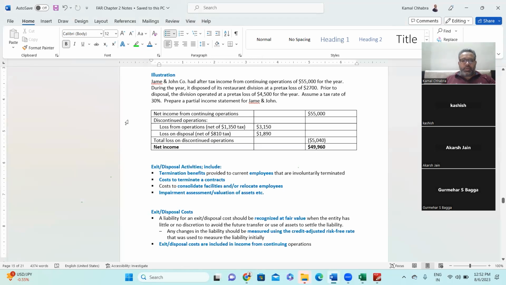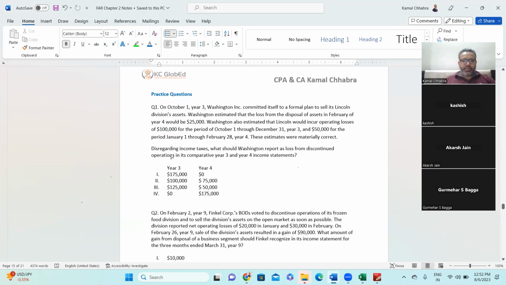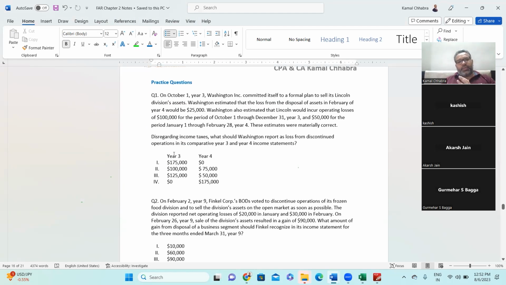Okay. So let's do some practice questions. Question 1. On October 1, year 3, Washington INC committed itself to a formal plan to sell its Lincoln division assets. Washington estimated that the loss from disposal of asset in February of year 4 would be $25,000.